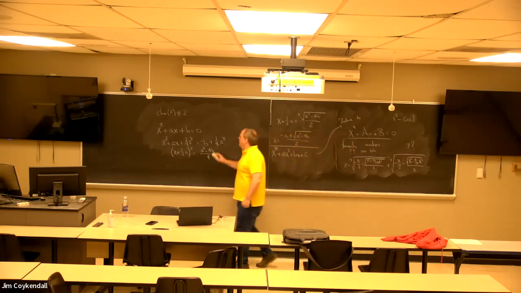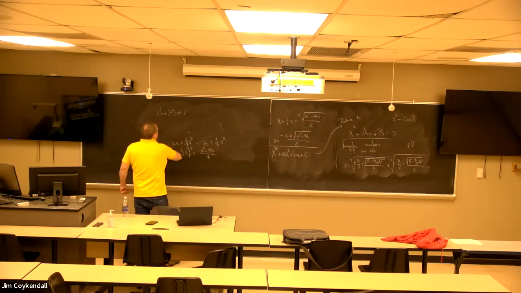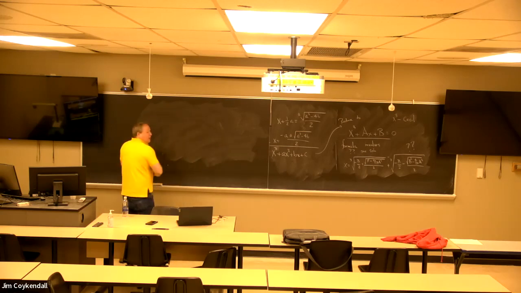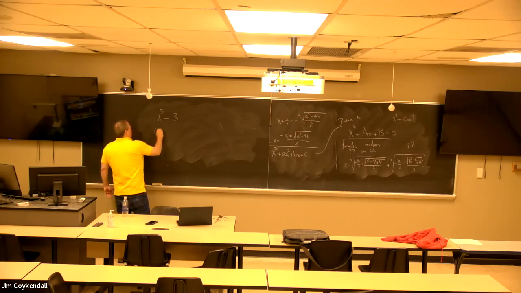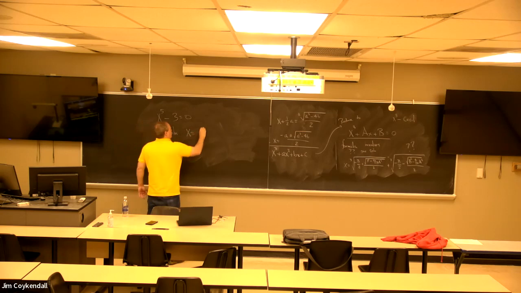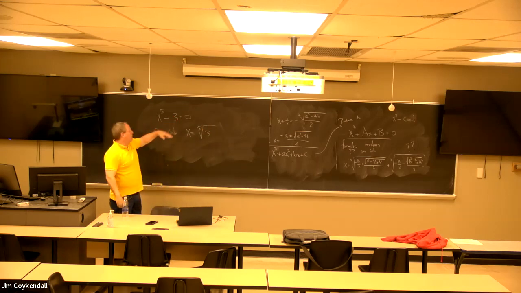But I do mean in general, because, for example, we saw this in the homework. We looked at this polynomial here, and I know what one of the solutions is. Because it's already in sort of a radical form.